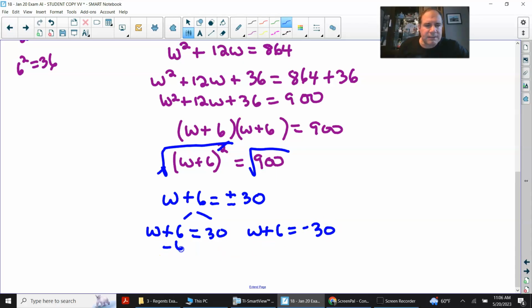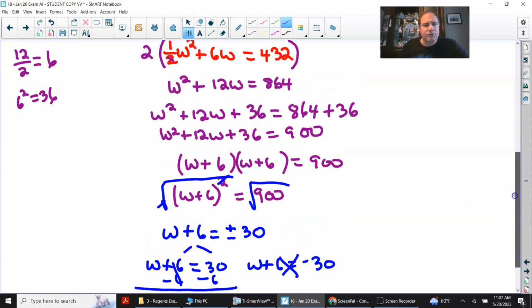When you subtract 6 on both sides, you get a W of 24. I'm not going to focus on the other side because if you subtract 6 on both sides, W equals negative 36, and there are no negative lengths and widths.